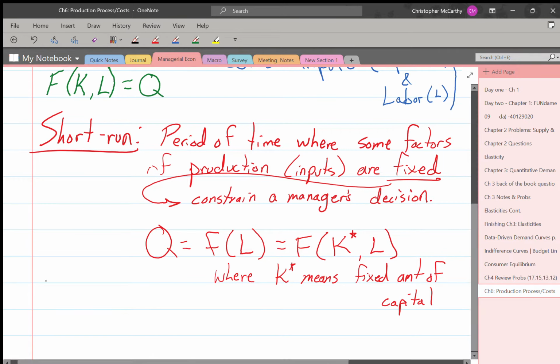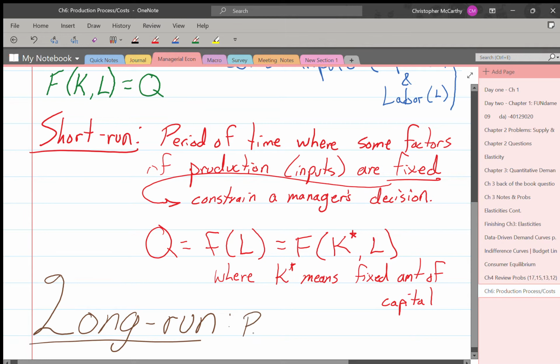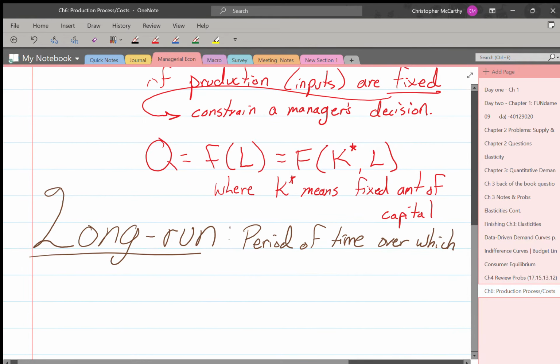which is the long run. The long run is this period of time over which all factors of production, also known as inputs, are variable.